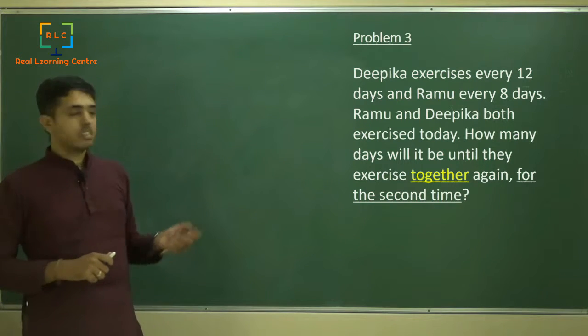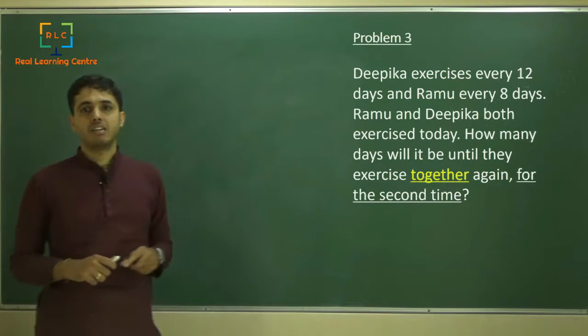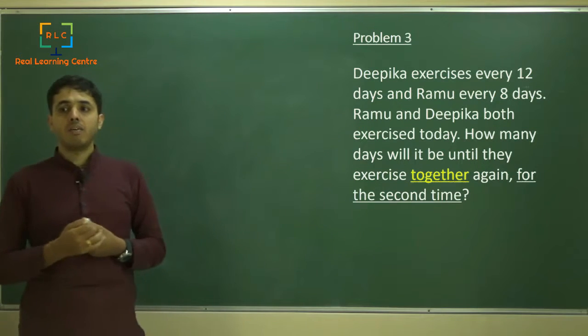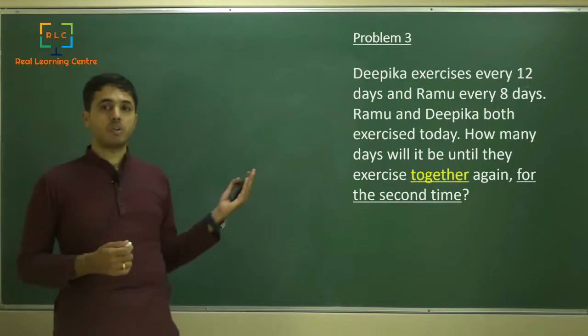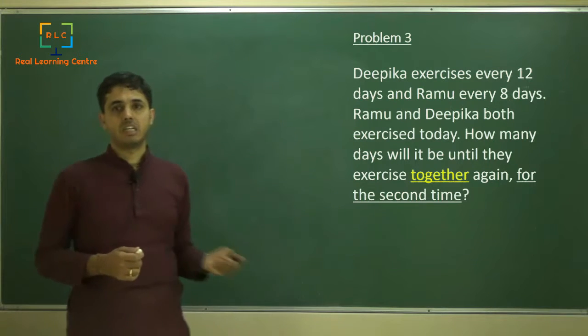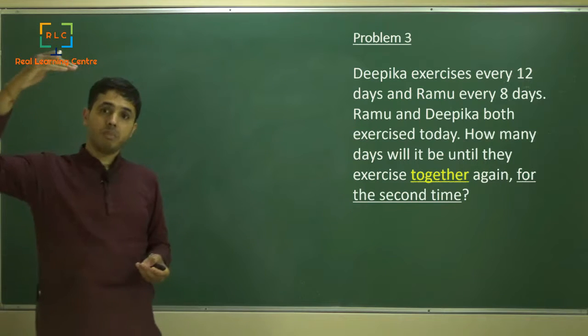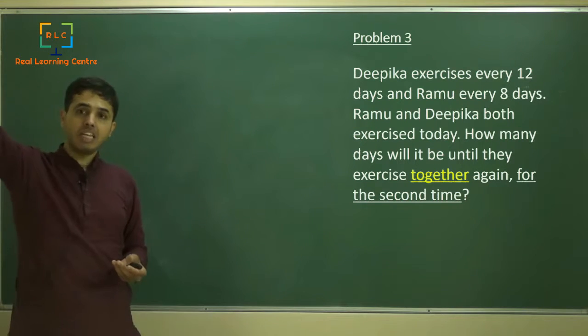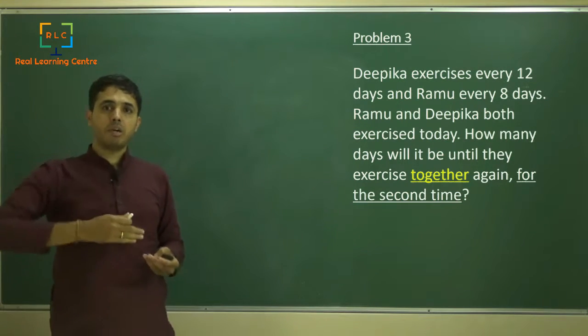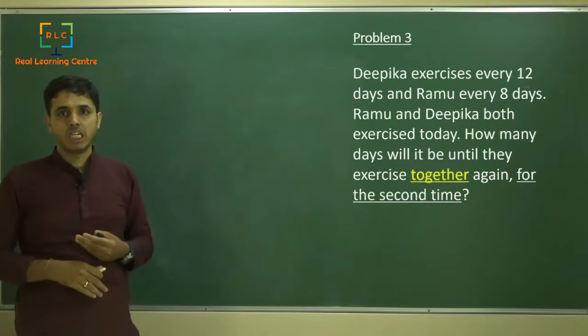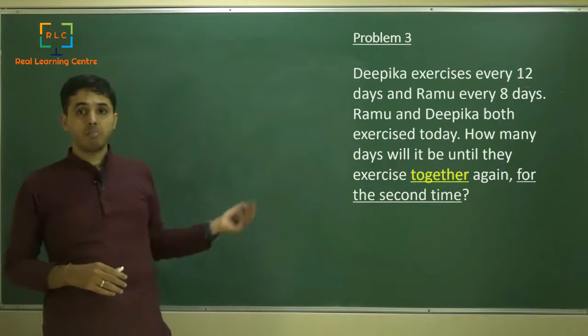The keyword is, you can see, together. They exercise together on the same day. And what do we want? We also want to see the immediate next time when they exercise together. Now, they may exercise together on many days after today, but I want to know the immediate upcoming day. So these are the important keywords.